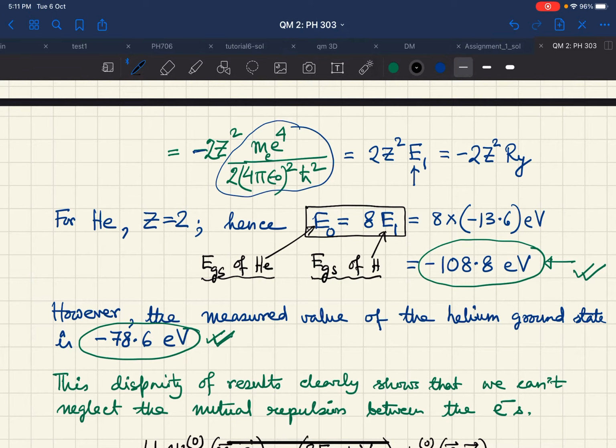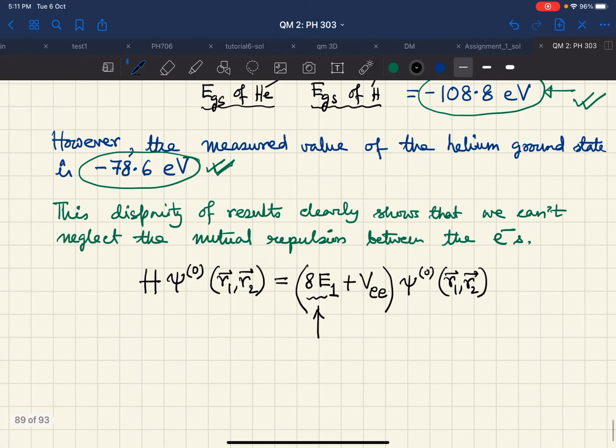So, if I write down the eigenvalue equation for the system now, so far we had solved without this term and we have obtained that the ground state energy is 8 times E1.